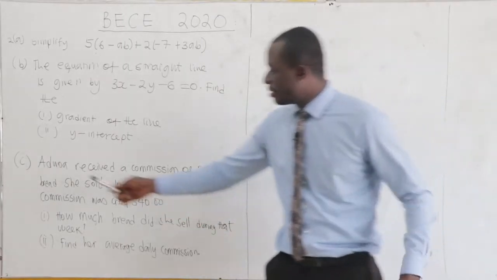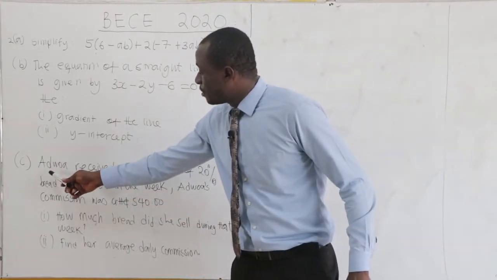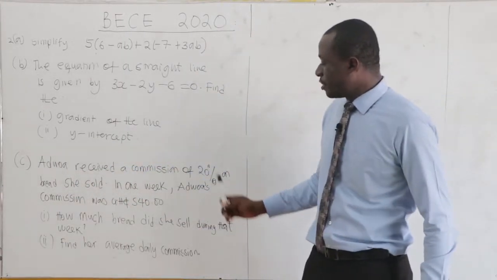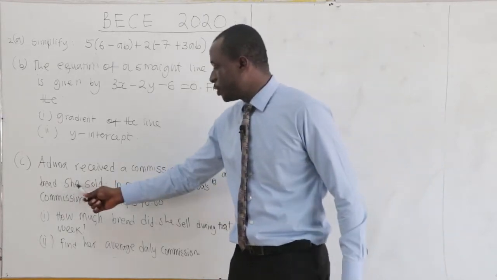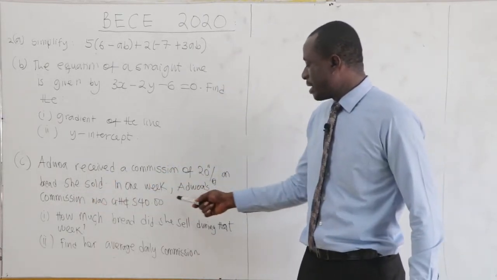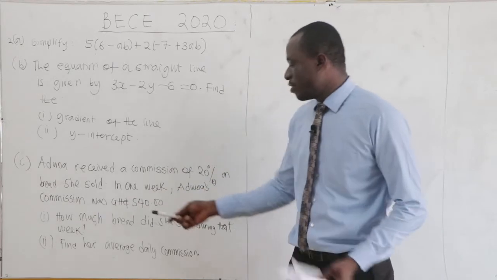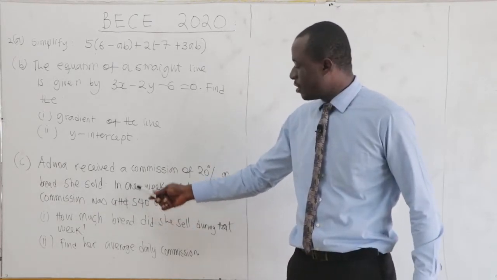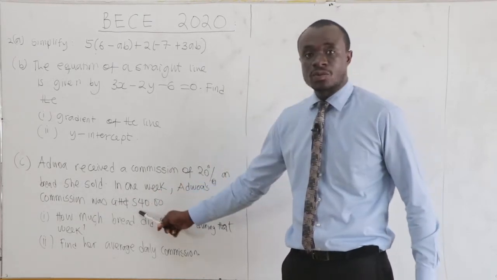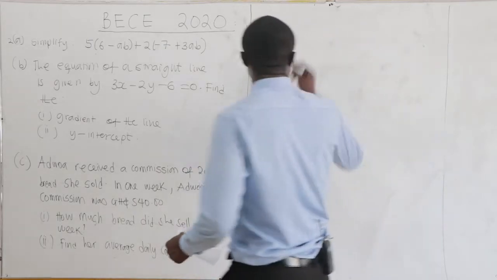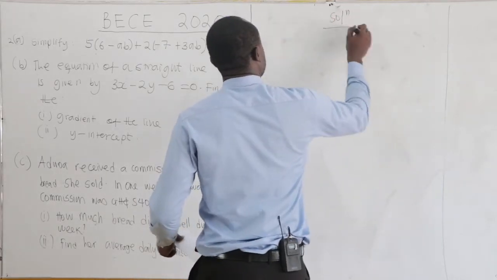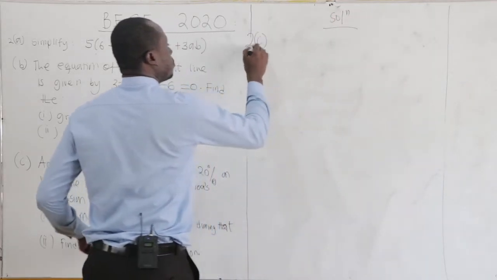Now let's see the C. Ajua received a commission of 20% on bread she sold. In 1 week, Ajua's commission was 540. So the 20% is giving us what? 540. That's our 2C.